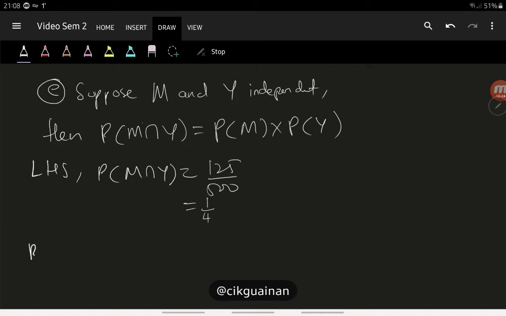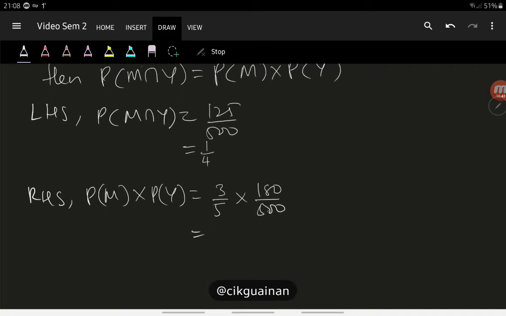Okay, and then we do the right hand side, which is the multiplication of male and yes independently. So male is 300 over 500, 3 over 5 lah. And then who say yes is 180 over 500, which can be reduced, but maybe use calculator lah.